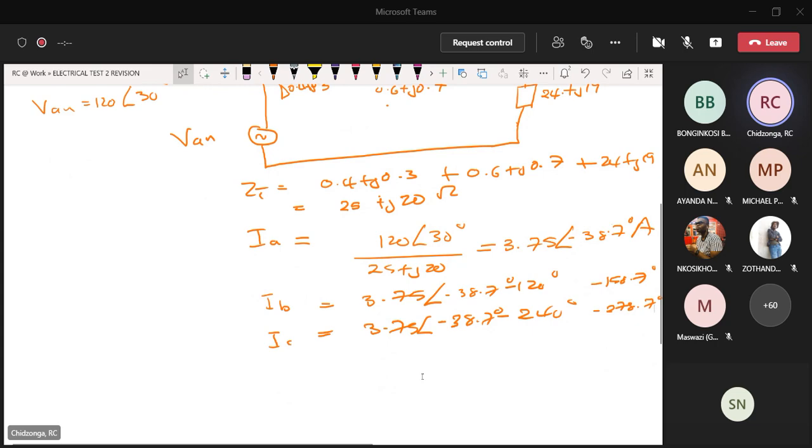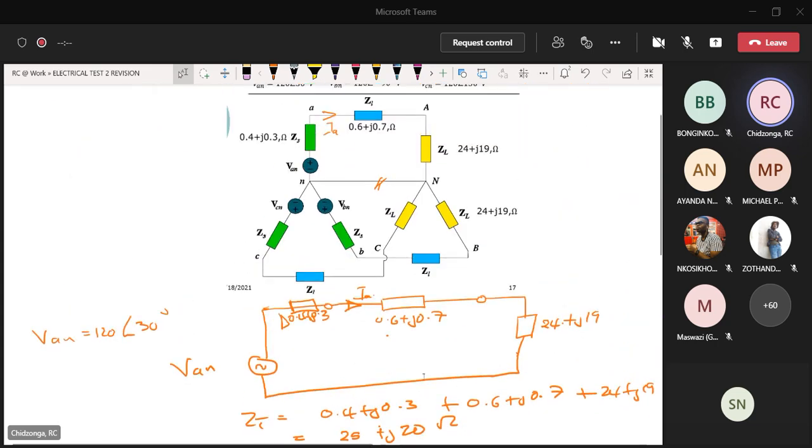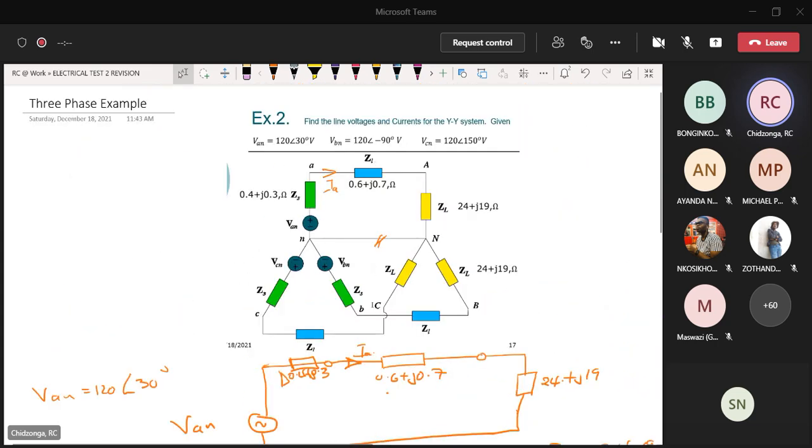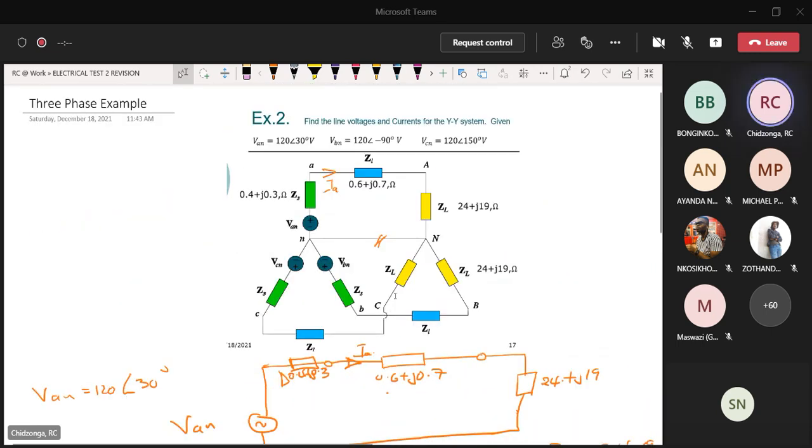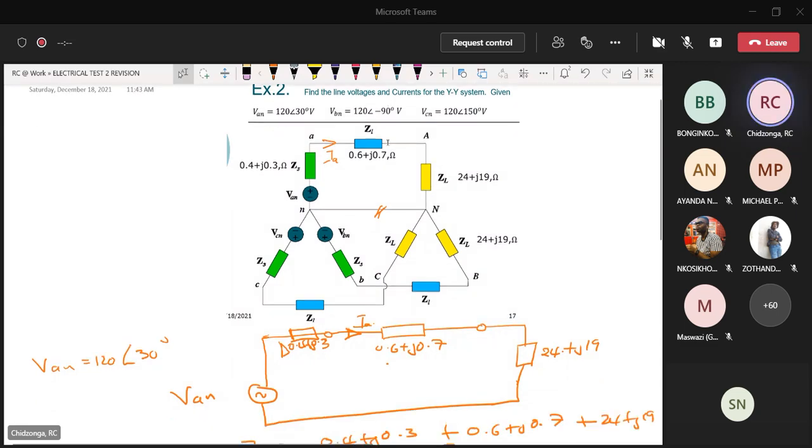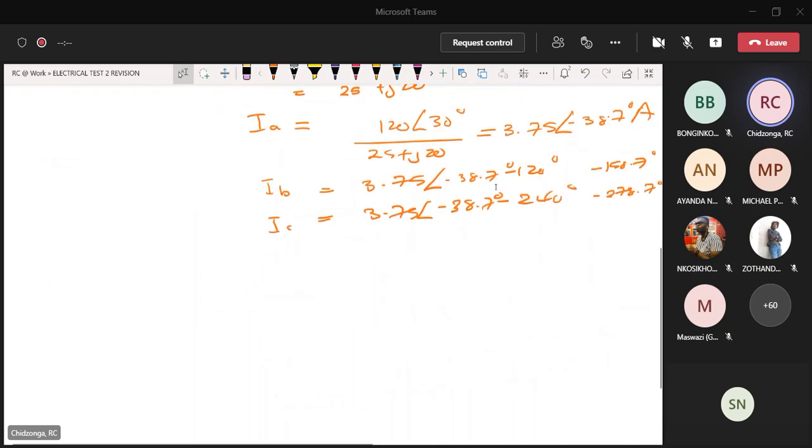So you basically calculated the three line currents, IA, IB, IC, right? Now you are asked to calculate the line voltages. Well, here it is not specific, right? It just said line voltages.